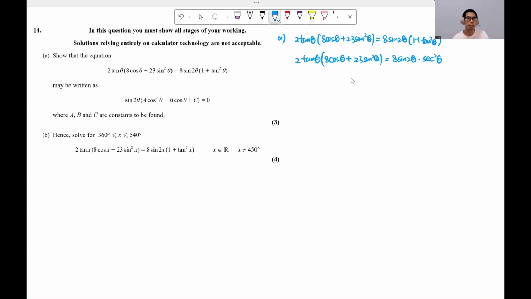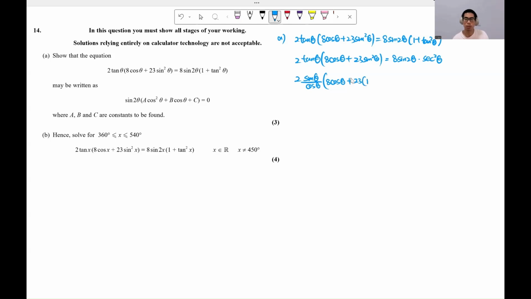Because the final expression has just sine and cos, no tan and no sec, I'm going to change tan theta into sin theta over cos theta.